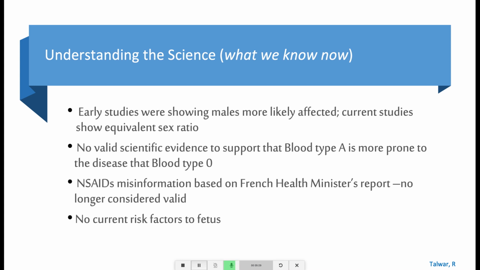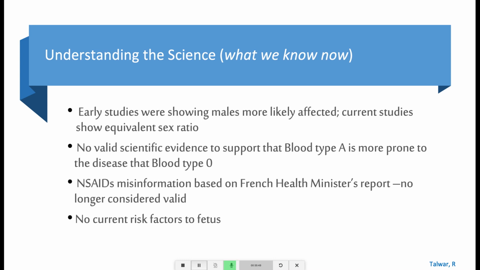However, current studies show an equal distribution between males and females. Initially, there was some evidence that people with blood type A were more prone to the disease as compared to type O blood, but that's no longer valid.